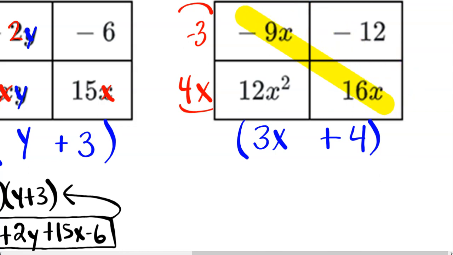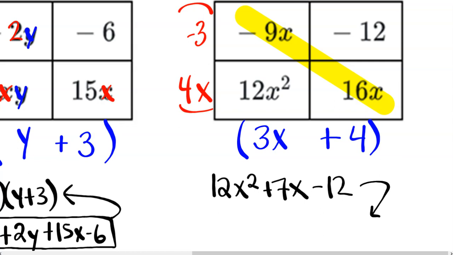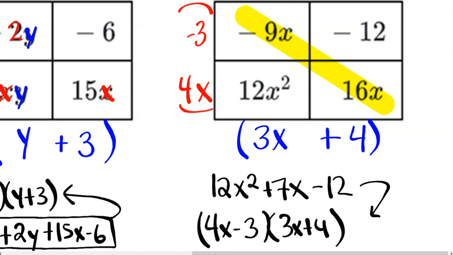We started with 12x squared, 16 minus 9, that's 7x, minus 12. 16 minus 9 is 7. It's 12x squared plus 7x minus 12. And what that then gives us is 4x minus 3 multiplied by 3x plus 4. And that's how we got that.